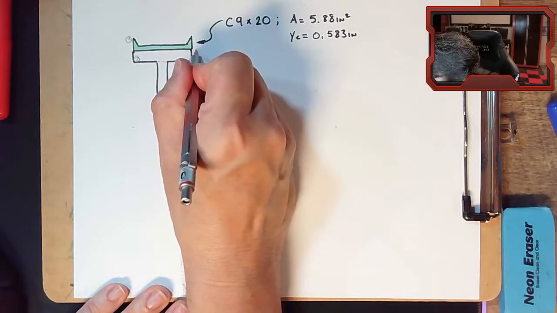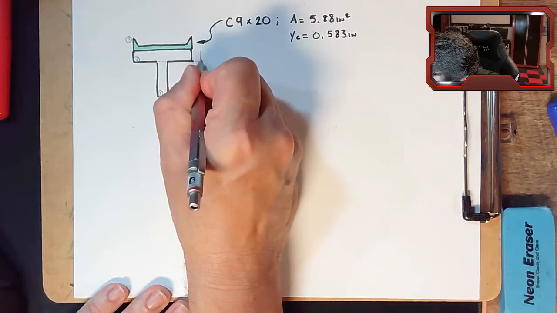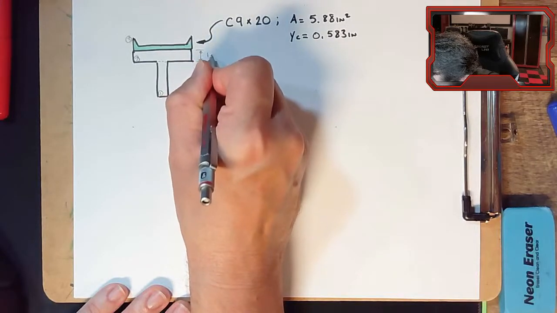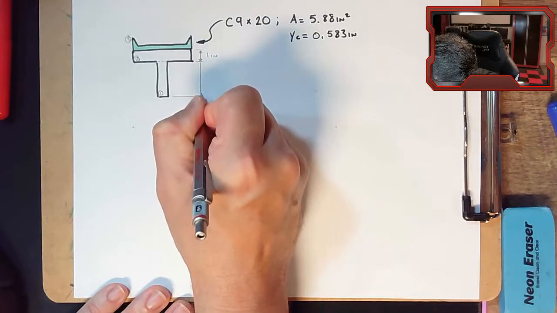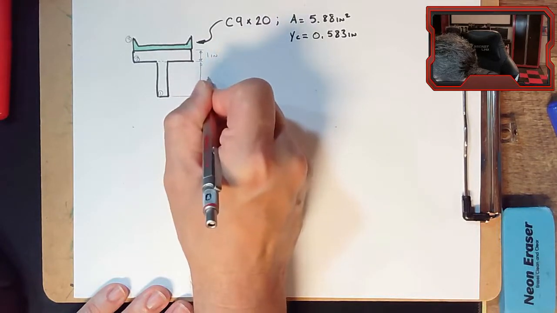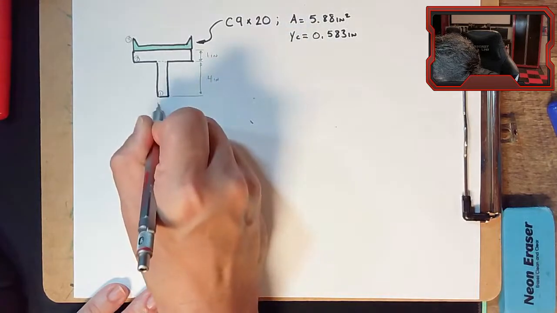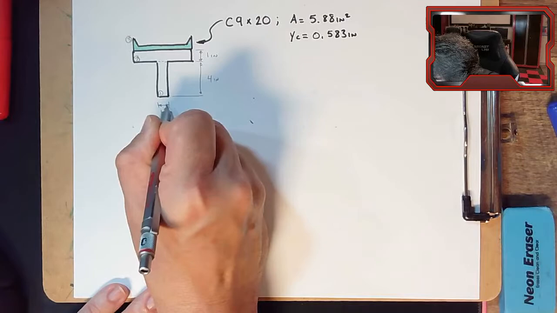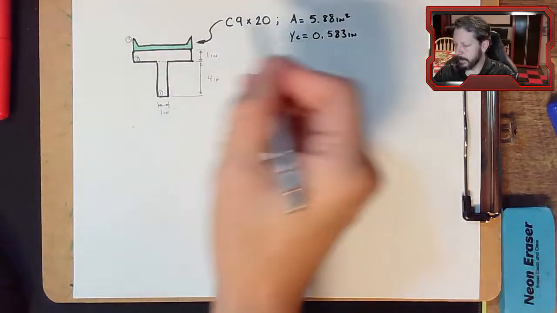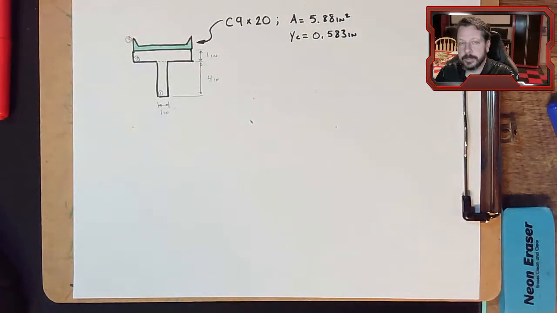And then let's make this 1 inch. Let's make this height 4 inches, and let's make this thickness 1 inch.